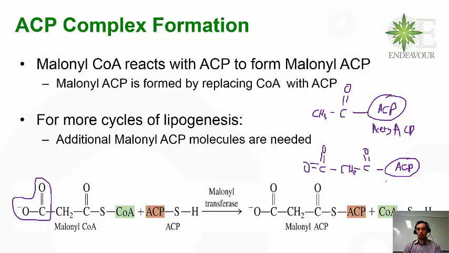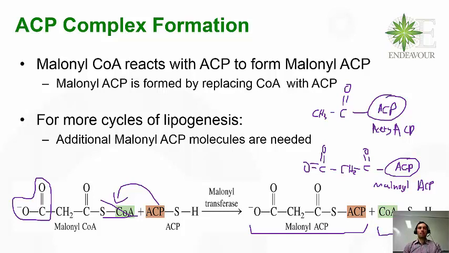So this is our malonyl ACP. So to create the malonyl ACP, essentially we just remove the CoA and attach the ACP in its place. So that's what we can see on the right hand side here. We have the malonyl ACP and the CoA has now been released.